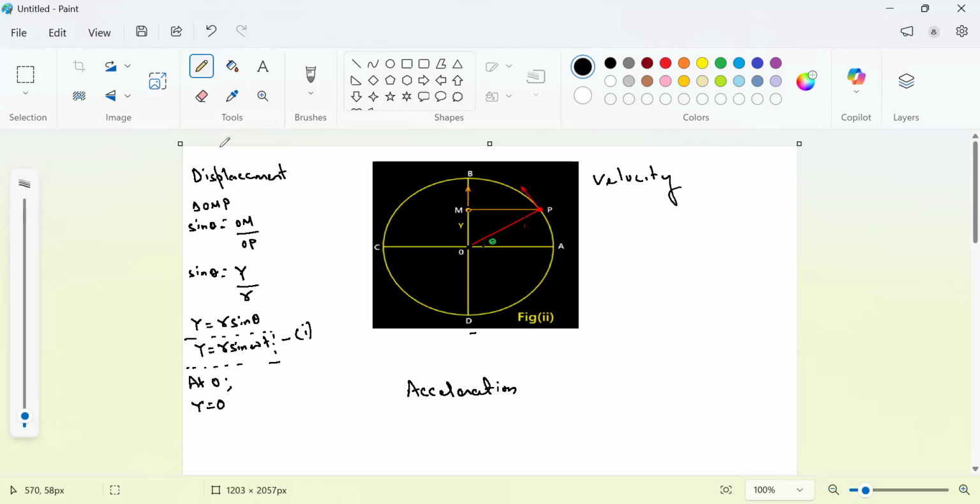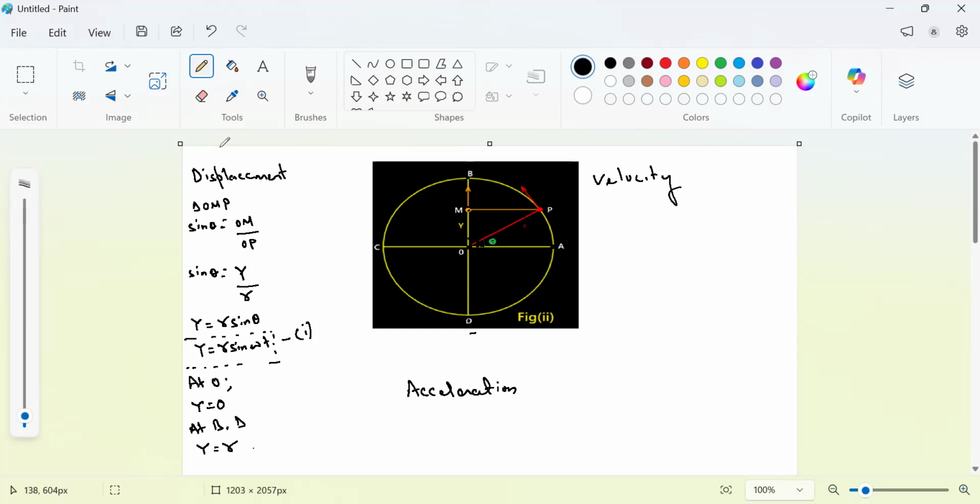And at the extreme position, that is at point B or at point D, the angular displacement covered by the particle P as it travels from point A to B is 90 degrees. So omega t equals 90 degrees. So sine 90 degrees equals 1. So at extreme positions, that is at B or at D, y equals R.